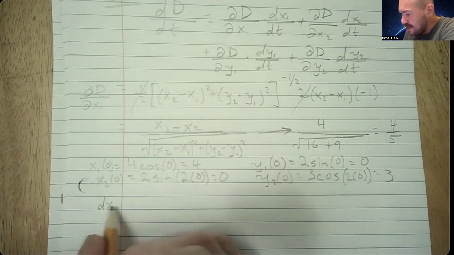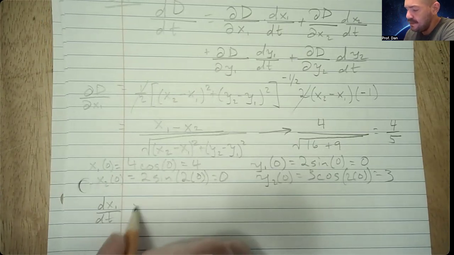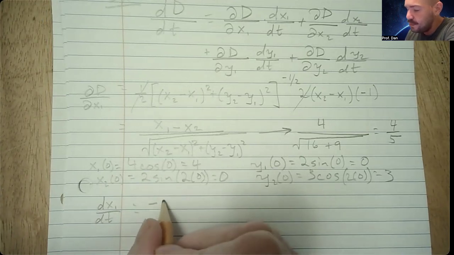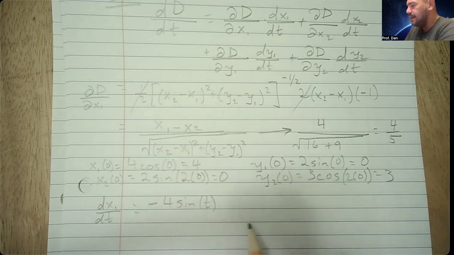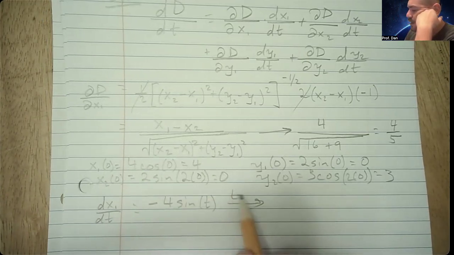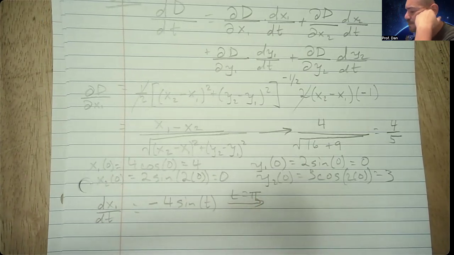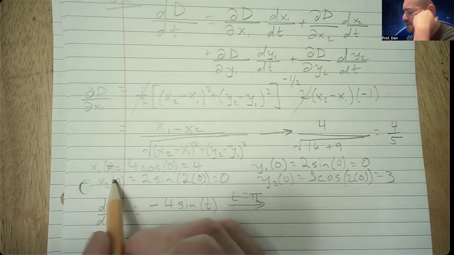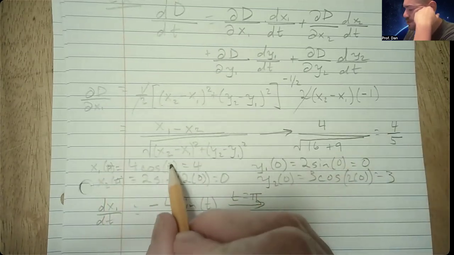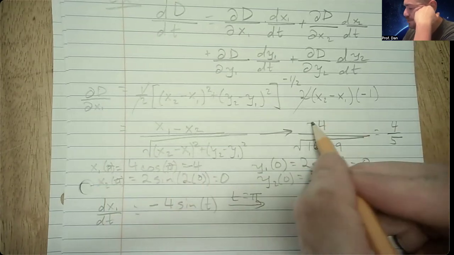Now to get dx1/dt, we know that x1 is 4 cosine of t, so its derivative will be -4 sine of t. And again, if we consider this only at the value when t is equal to pi, wait, this was pi, not 0. That doesn't actually change much, it just means this will be a -4 now.